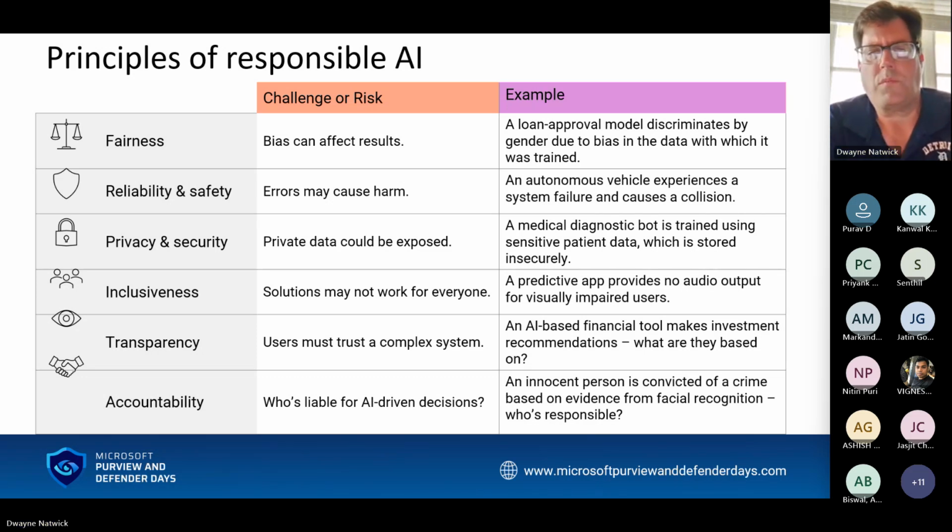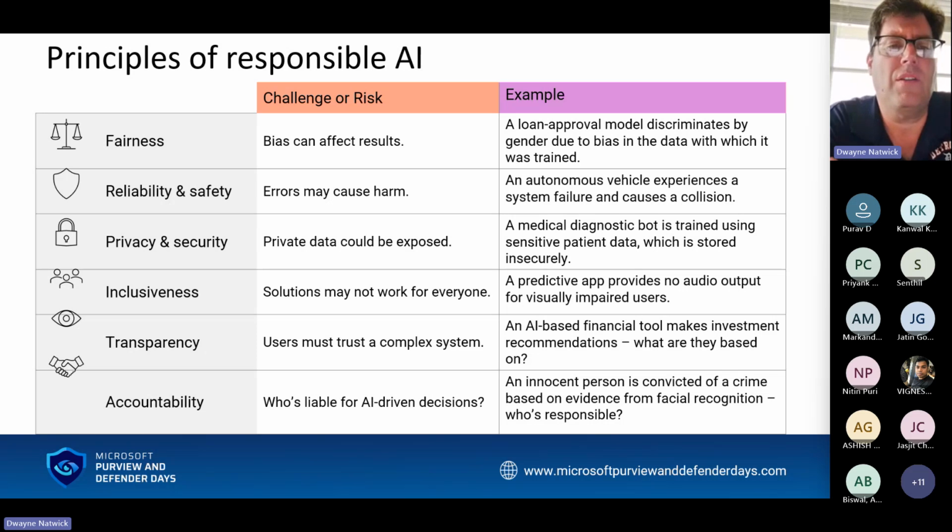And if we need to use that data, we need to make sure that it is not placed out in the public forum, essentially. So those are aspects of privacy and security, and we'll talk a little bit more about that.